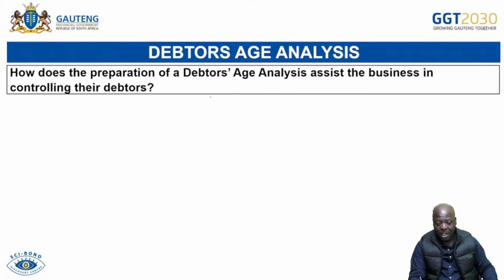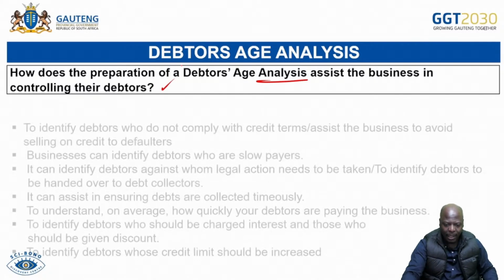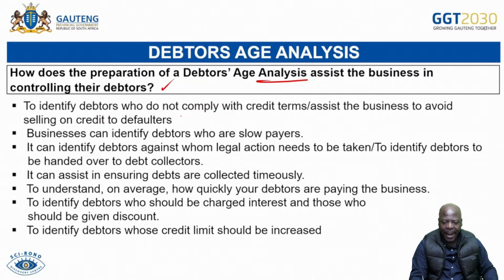How does the preparation of a debtor's age analysis assist the business in controlling its debtors? Number one, to identify debtors who do not comply with credit terms and then assist the business to avoid selling to defaulting debtors. That is number one.